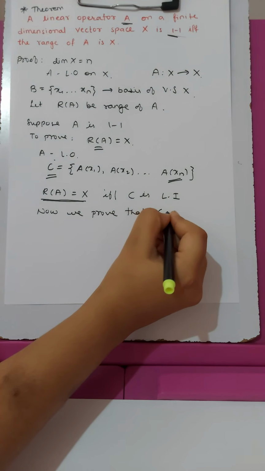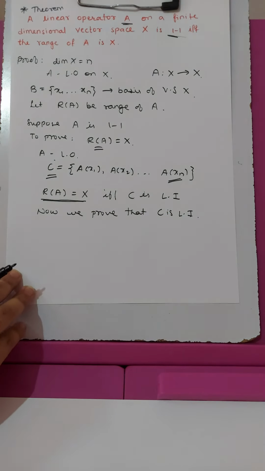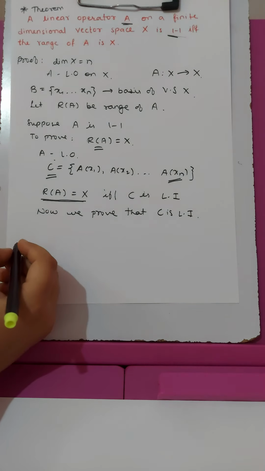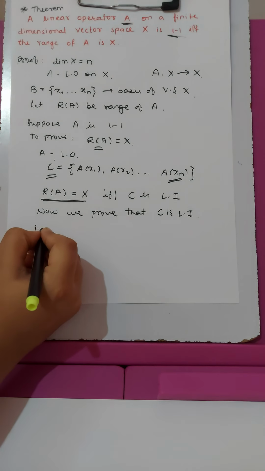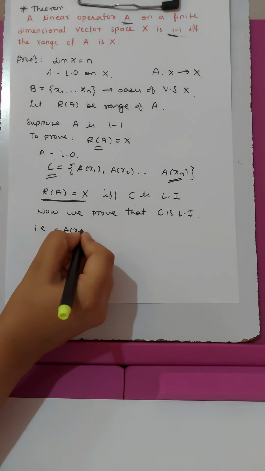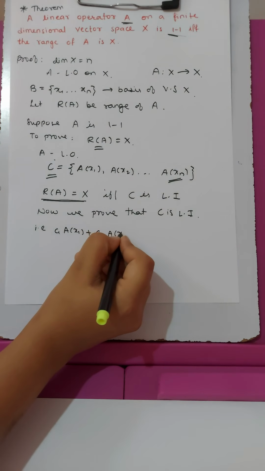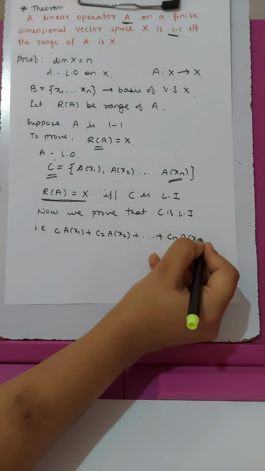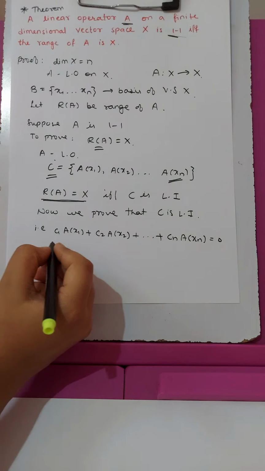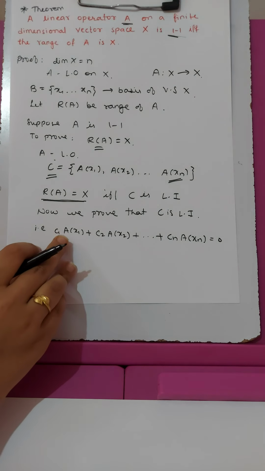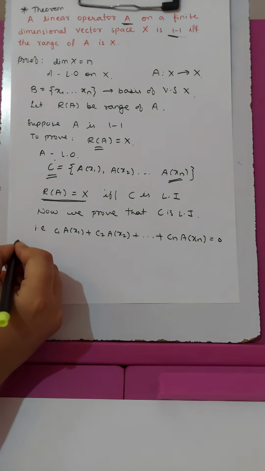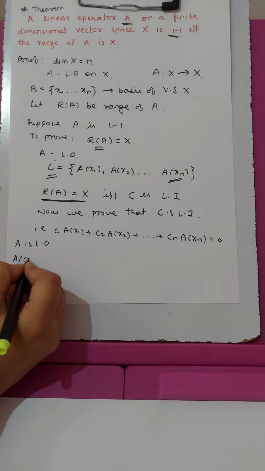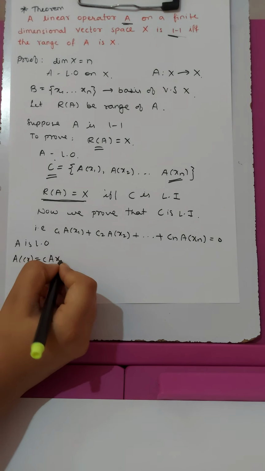So now we prove that C is linearly independent. We consider a linear combination of the elements of C equal to 0. That is, say C1 A x1 plus C2 A x2 plus and so on up to Cn A xn equals 0. Since A is a linear operator, A of Cx is C of Ax.